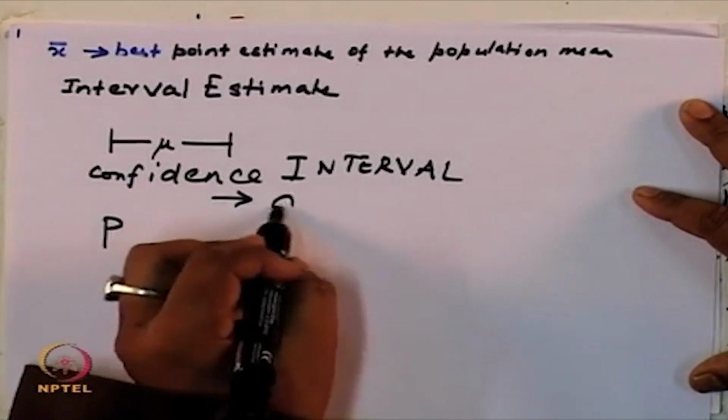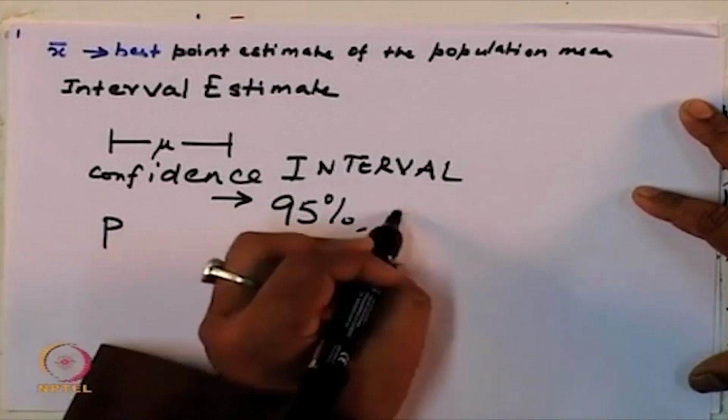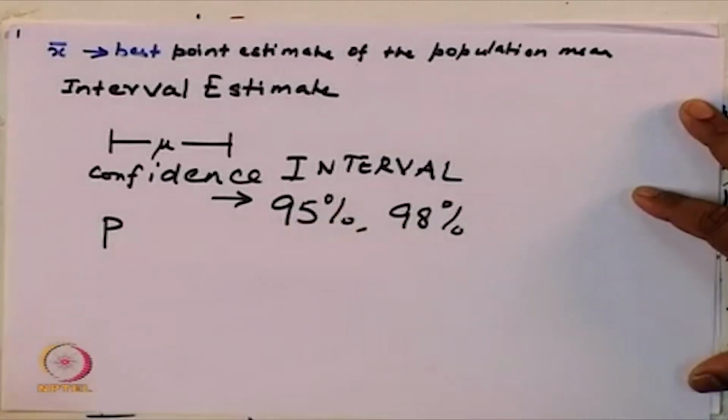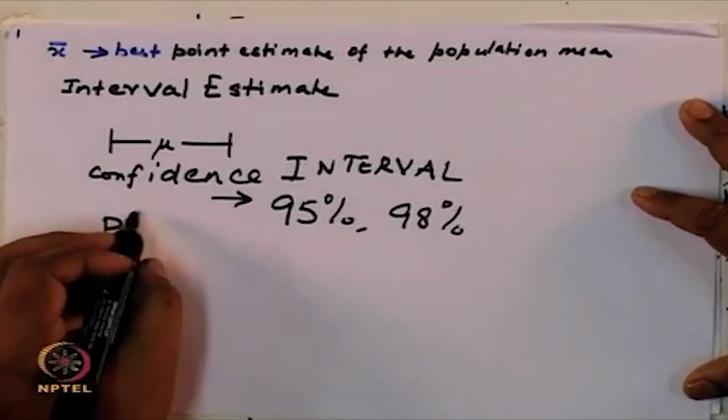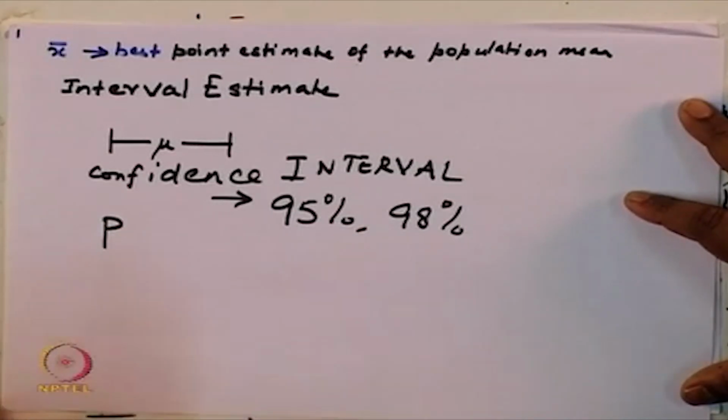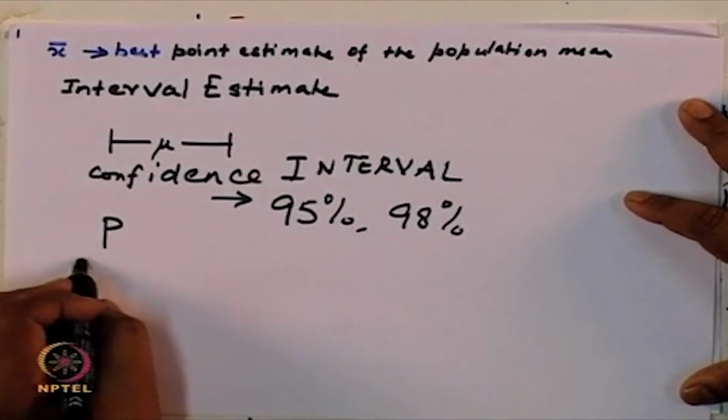We can prescribe the confidence interval, let us say 95% or 98% or any percentage for that matter. And how do we find out the confidence interval? Let us say you want the 95% confidence interval.